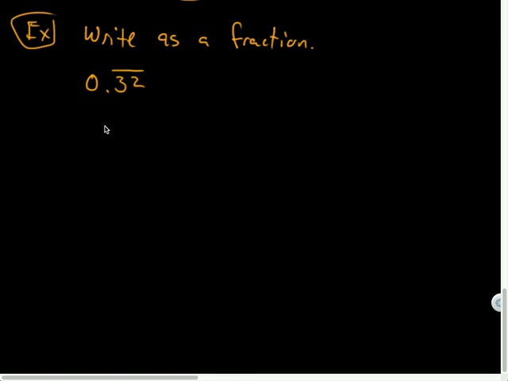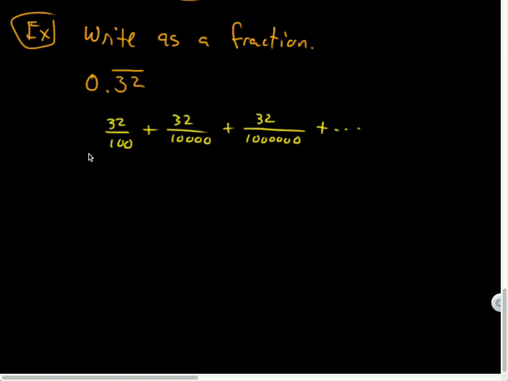So this is the same as 32 hundredths plus 32 with 4 zeros plus 32 with 6 zeros plus... Do you guys agree with that? Right, 32 hundredths, right?